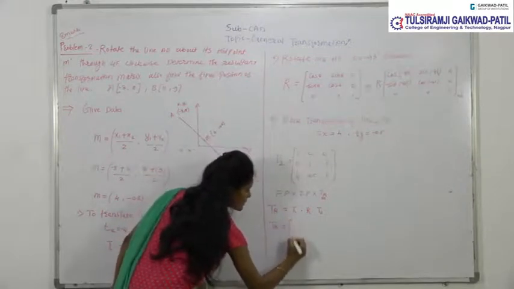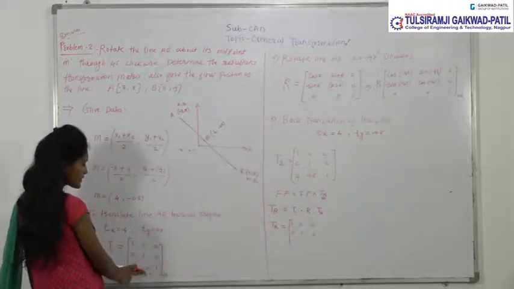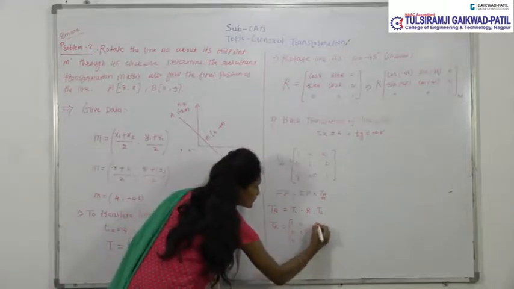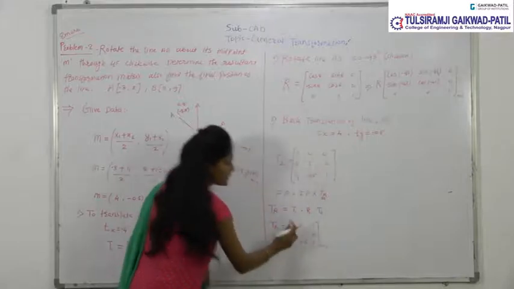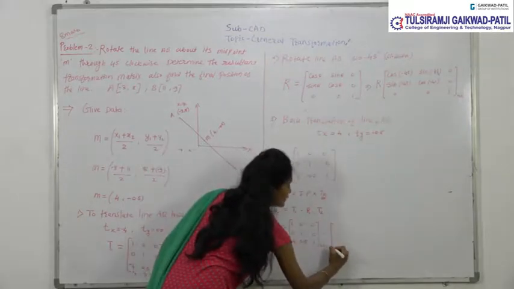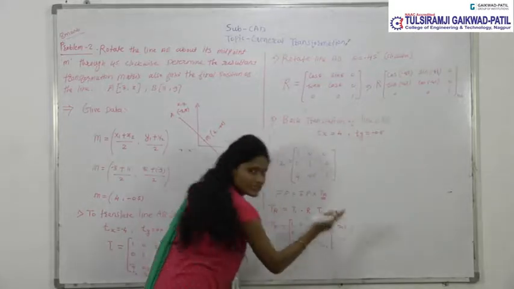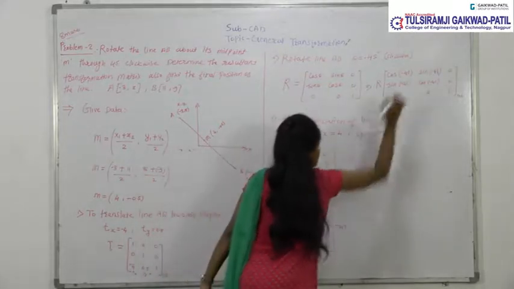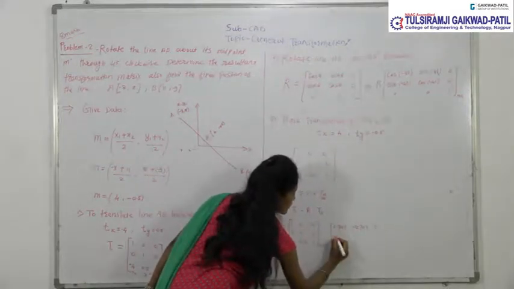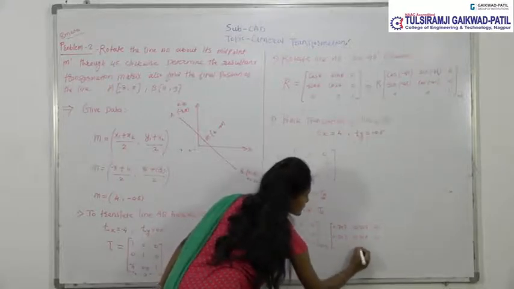So T1 is 1 0 0, 0 1 0, minus 4, 0.5, 1, that is a 3 by 3 matrix. Then rotation, that we find out in the calculator: cos of minus 45 is 0.707, sin of minus 45 is minus 0.707, 0, 0.707, 0.707, 0, 0, 0, 1.